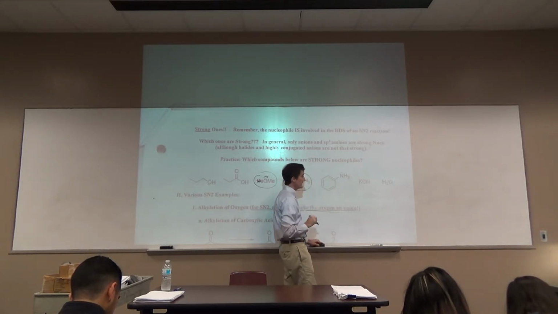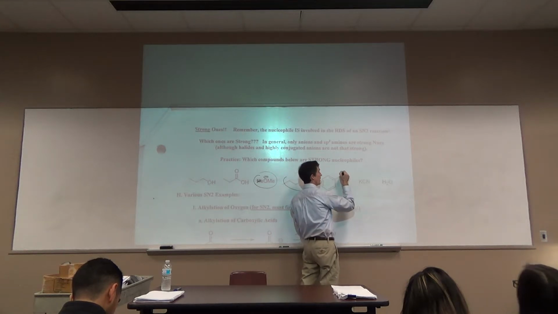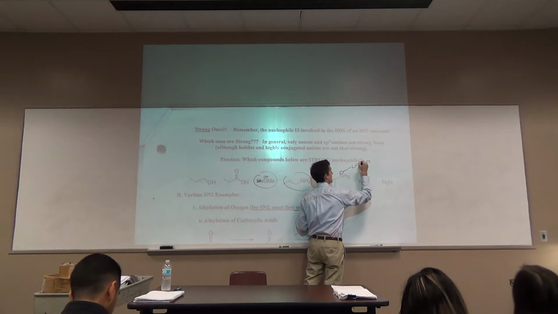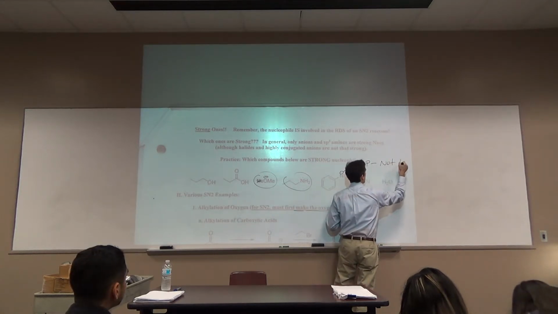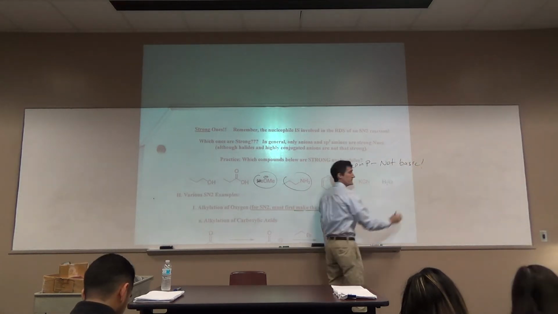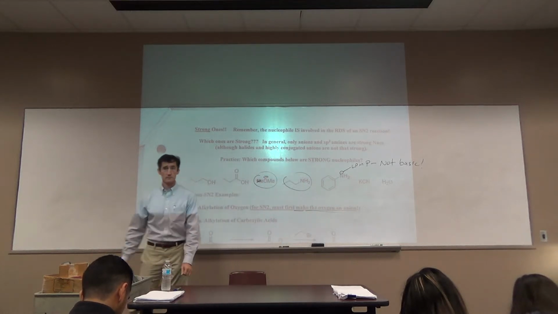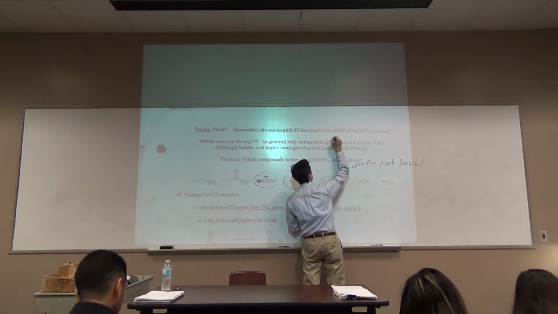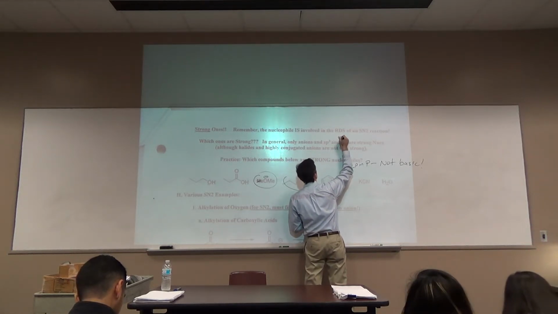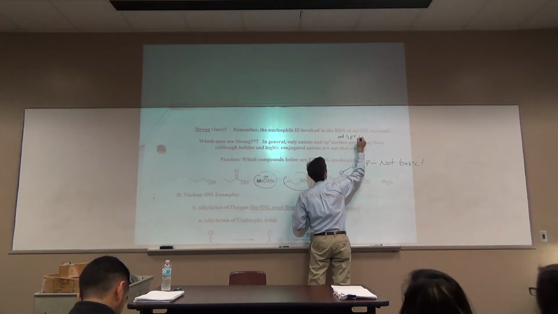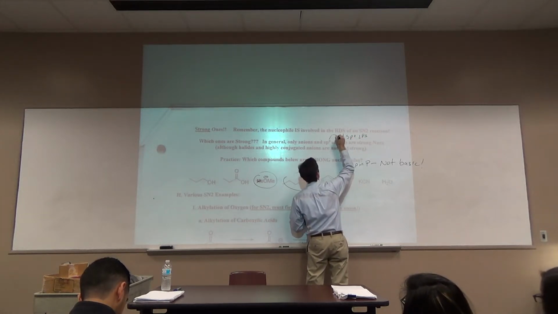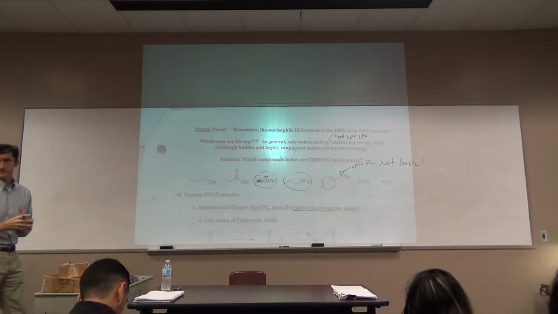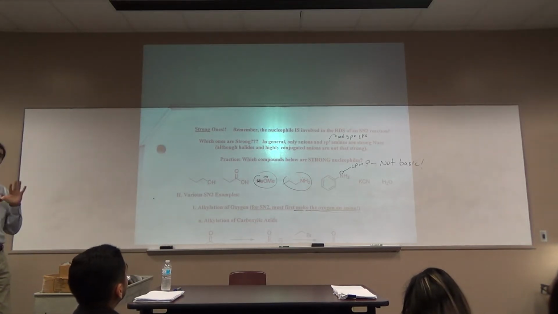But we've got to get even more specific than that, because a lone pair is in what type of orbital? Lone pairs in a p orbital are not basic. Here's another little exception. An sp2 lone pair is somewhat basic. sp3 definitely basic, sp2 is borderline.